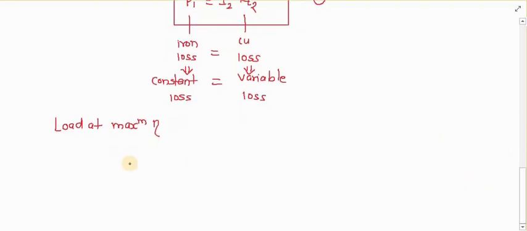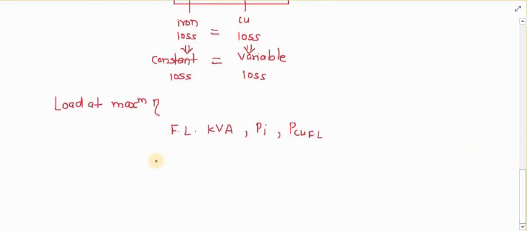If we are given the full load kVA of the transformer, iron loss Pi and full load copper loss PCU, then we can always find the load corresponding to the maximum efficiency. For that, let us consider Q is the full load kVA of the transformer.